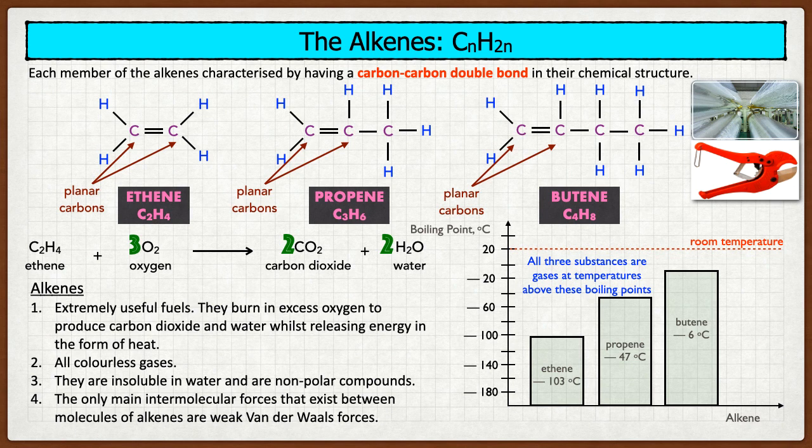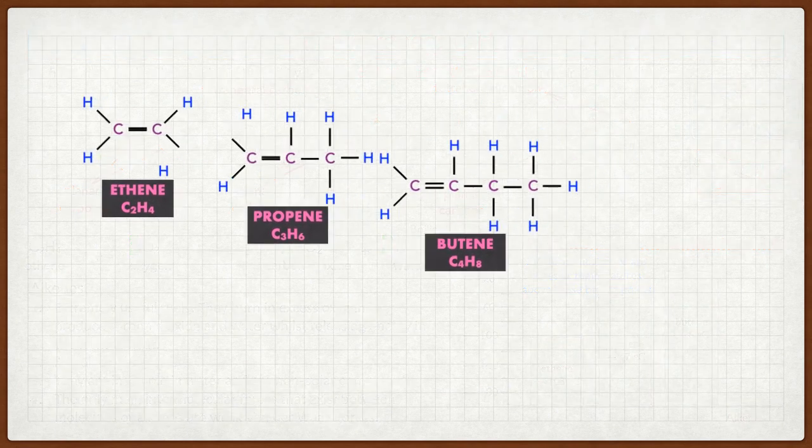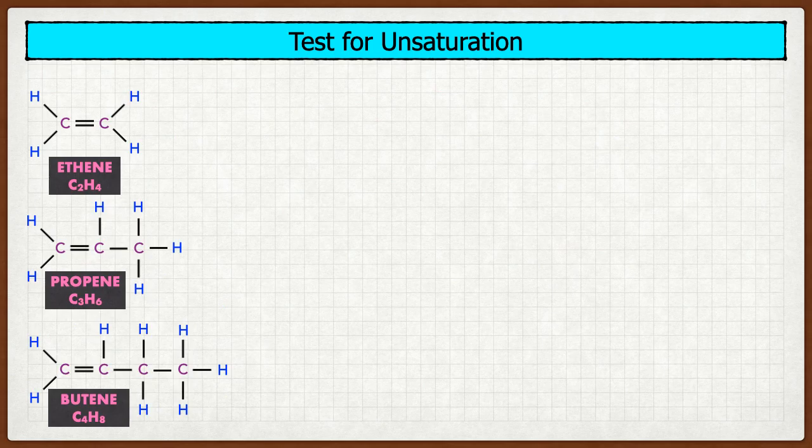Where, and we mentioned this before, a carbon is involved in single bonds only, it's classified as a tetrahedral carbon. So there's a tetrahedral carbon in propene and 2 tetrahedral carbons in butene, but in the first member of the alkenes there's no tetrahedral carbon. And as I move on, you'll notice that there's no such compound as methene, because that implies there's only 1 carbon, and of course you can't form a carbon-carbon double bond if you've only got 1 carbon.